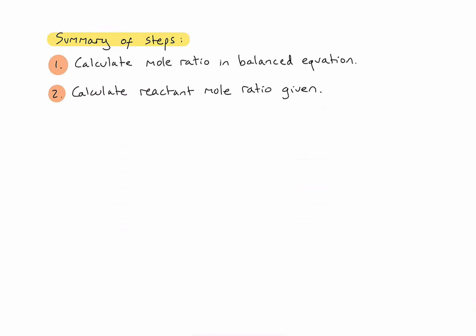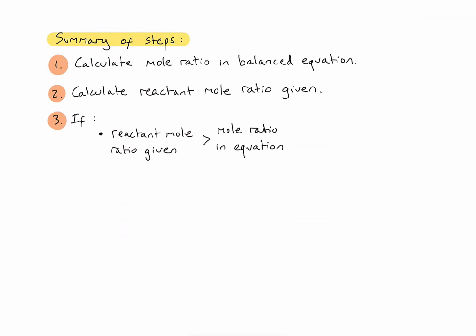And then, depending on how those ratios compare, for example, if my reactant mole ratio given in the question is bigger than the mole ratio in my balanced equation, then that must mean that my first reactant is in excess, there's too much of it, and the second reactant is limiting.